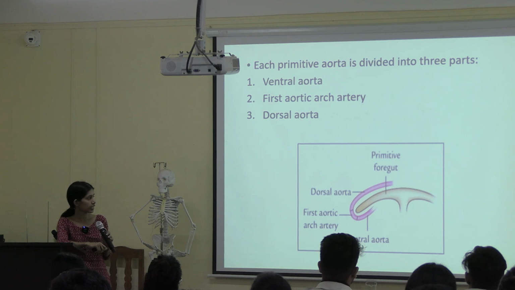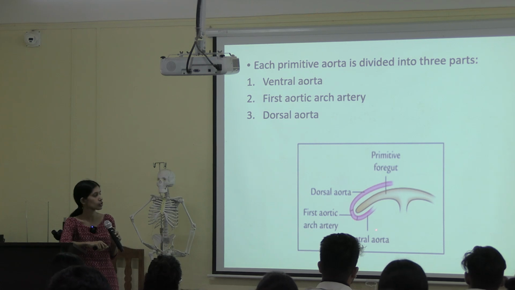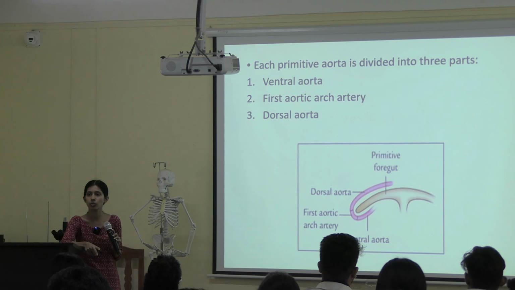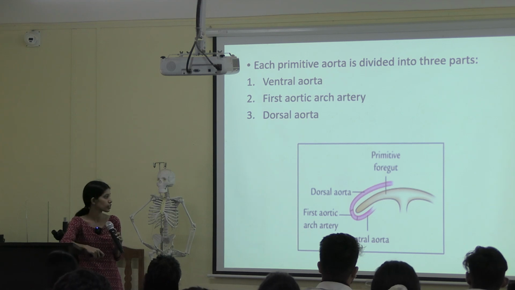Looking at this diagram, I can define the aortic arch arteries as the vessels that connect your ventral and dorsal aorta and pass through your pharyngeal arch arteries. Remember the sentence: pharyngeal arch arteries. Okay. So what is the definition of aortic arch artery?